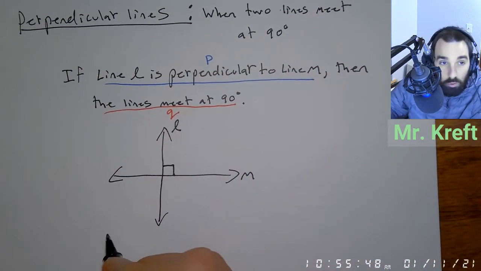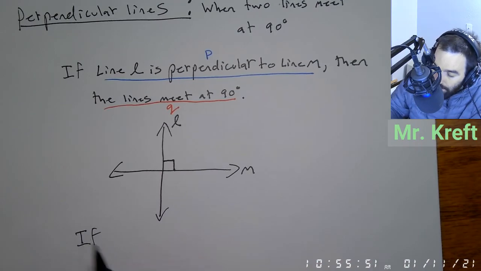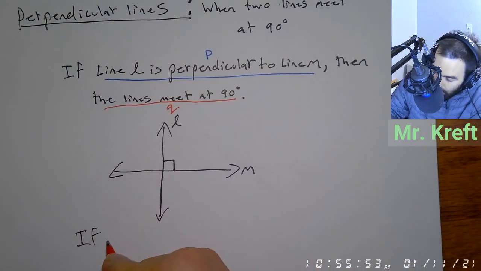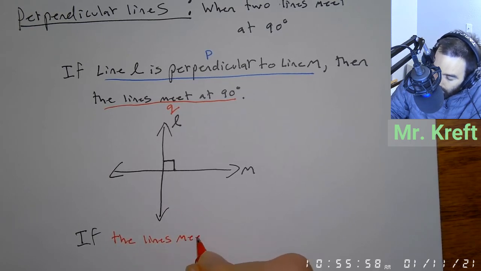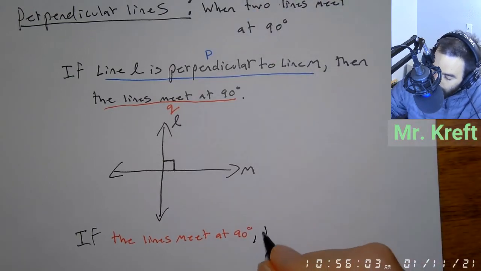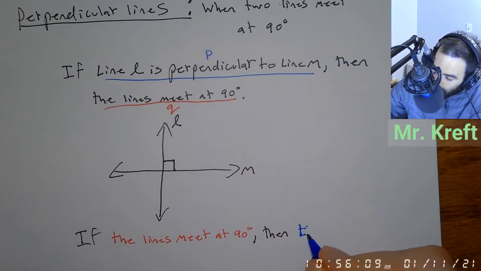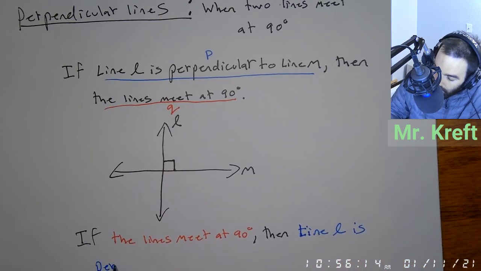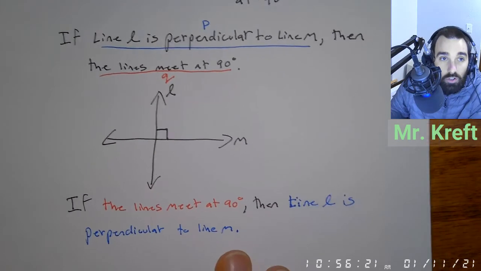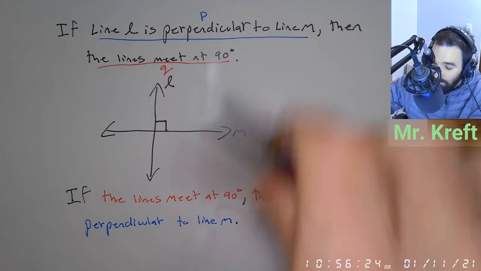And what I mean by that is if you switch it around, so let's say I have: if the lines meet at 90 degrees, then line L is perpendicular to line M. Now, did anybody notice which of the ones we just learned we just did?